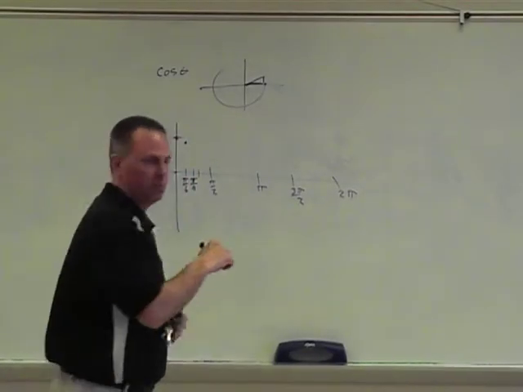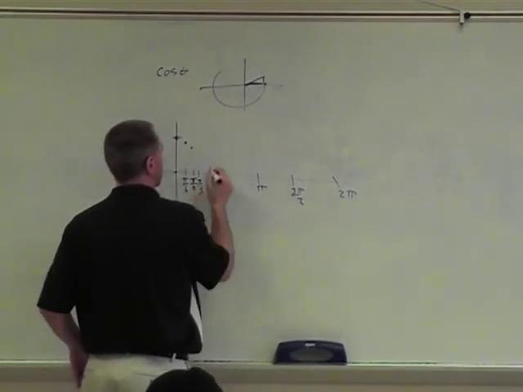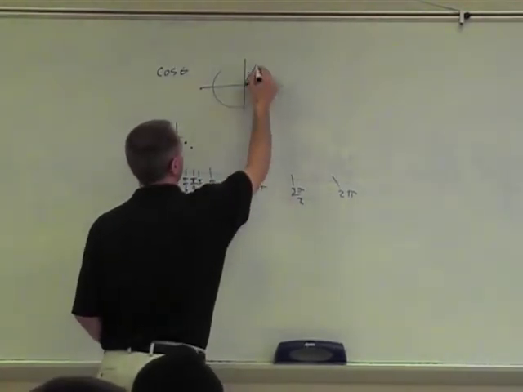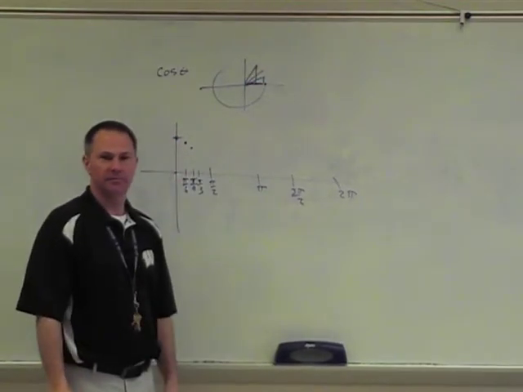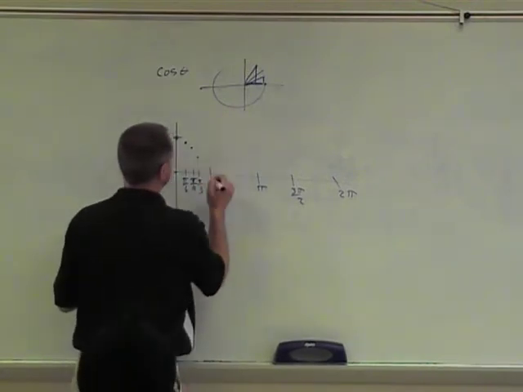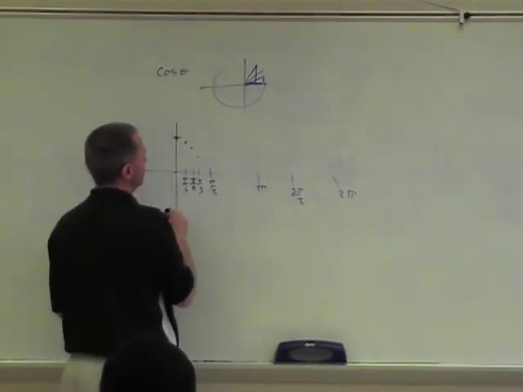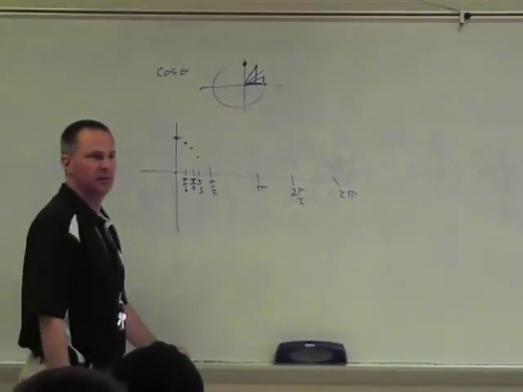Square root of 2 over 2, which is 0.71. And at pi over 3, which is 60 degrees, what's the x value? 1/2. And at pi over 2, your x value is 0.